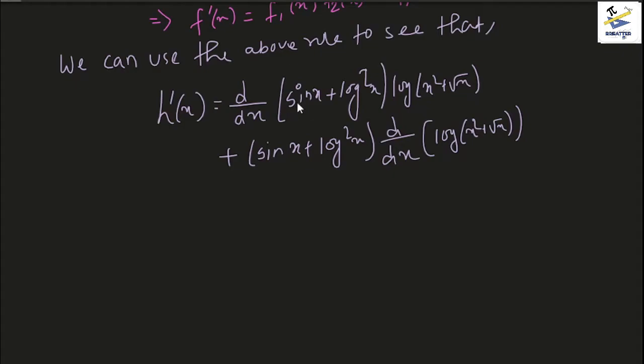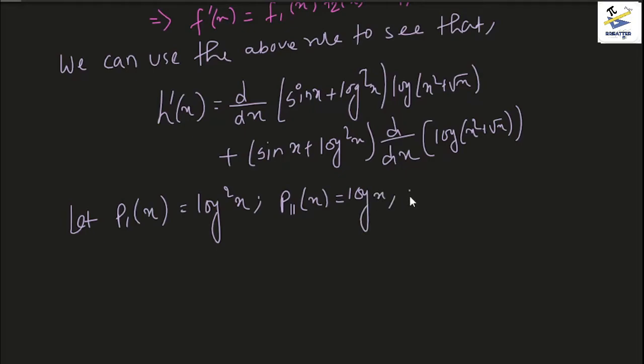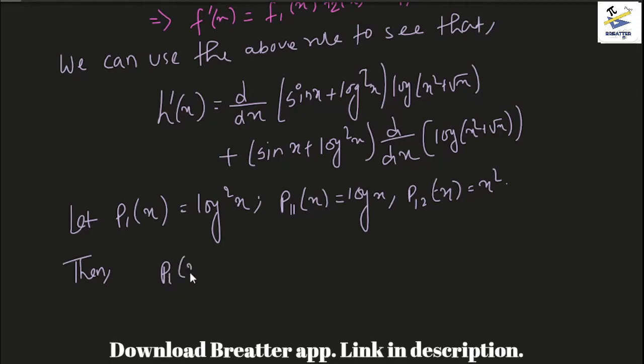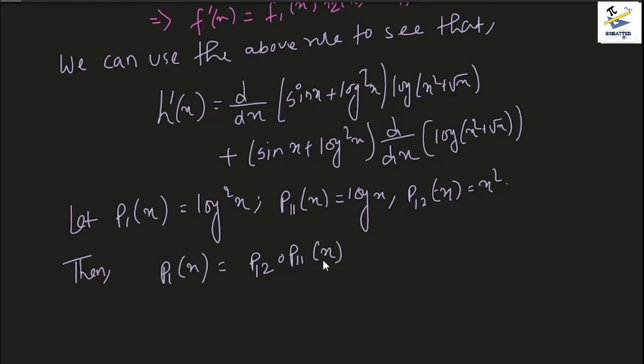So let us define like this: let p1 of x equal log square of x, which we want to find, and for that let us define two more functions: p11 x equals log x and p12 x equals x square, right? Then p1 of x is just p12 composition p11 of x, because it is just log of x whole squared, right?